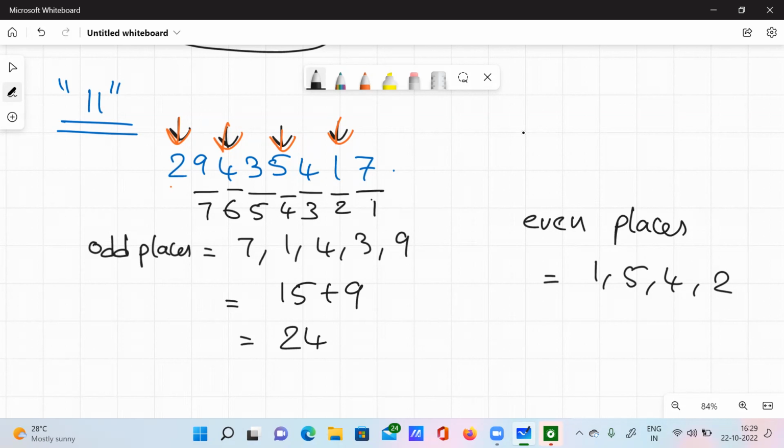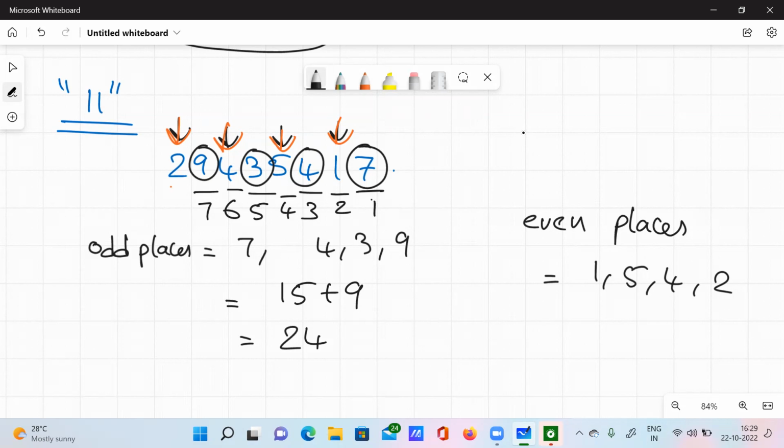Oh, sorry. I have already counted this one also, so we should not count it here. Why? Because these are the odd places: the 7 and the 4 and the 3 and the 9. These are only the odd places.